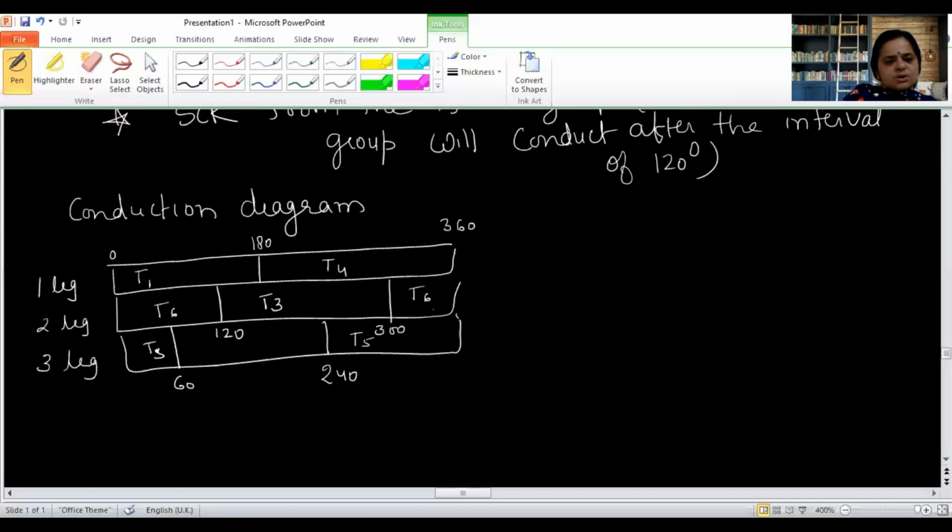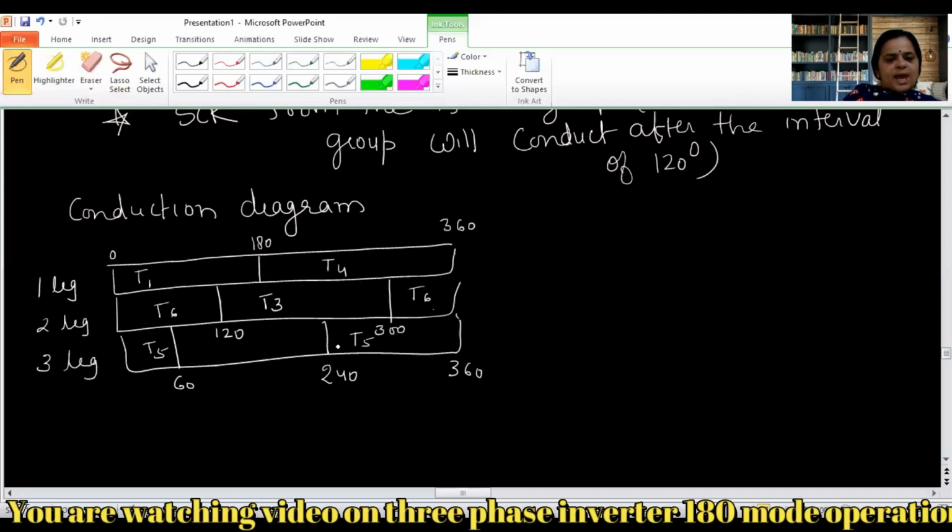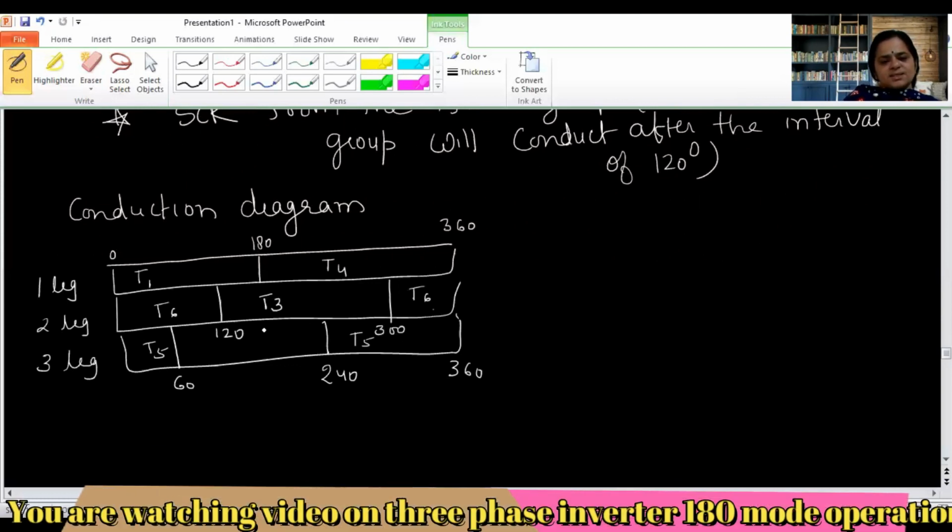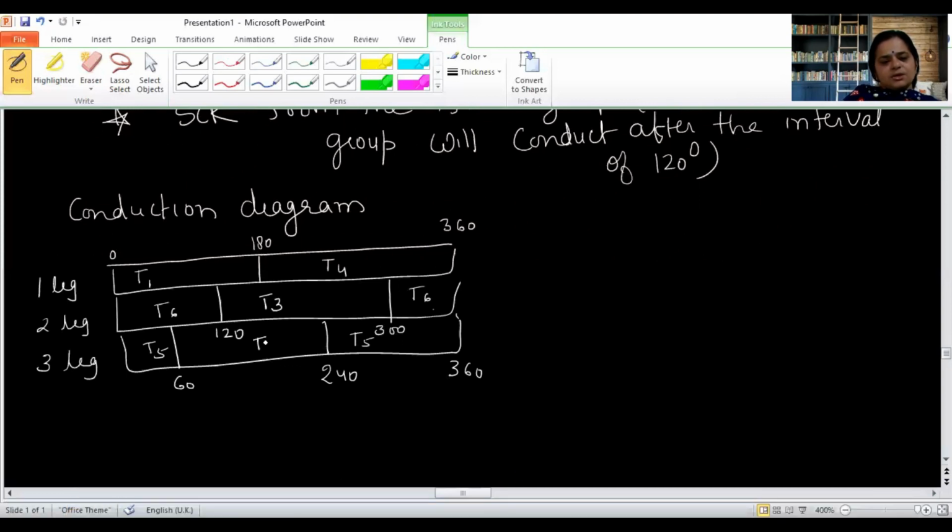So T5 will conduct from 240 to 60, and there is another SCR in this leg, that is T2. From 60 to 240, the SCR which is going to conduct is T2.